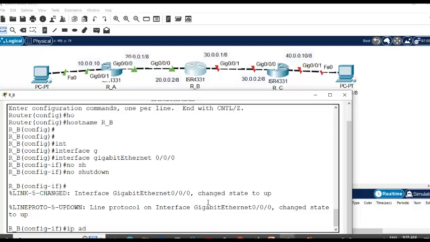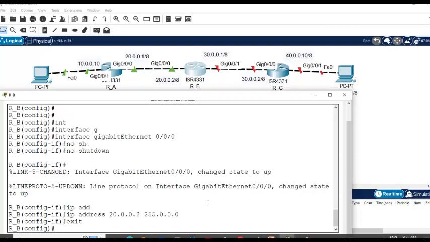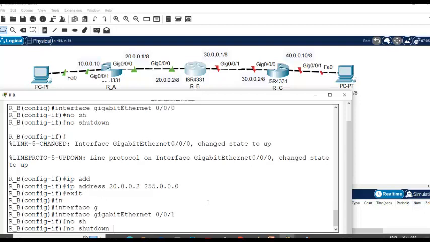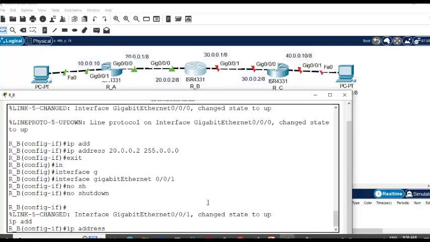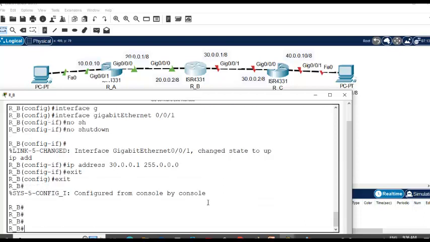Let's verify. To come to the privilege mode, you can type exit two times, or as I showed earlier, you can press Ctrl Z, any one. Or you also have another option: end. Let me show you. We were here. To go to the privilege mode, three options. When you say exit, the first exit will come out of this interface, and the second exit will come out of global config.